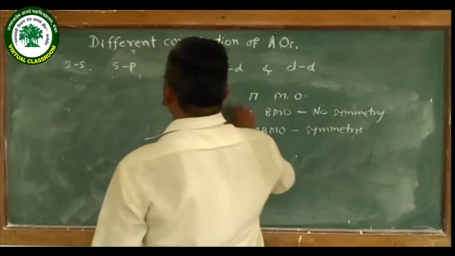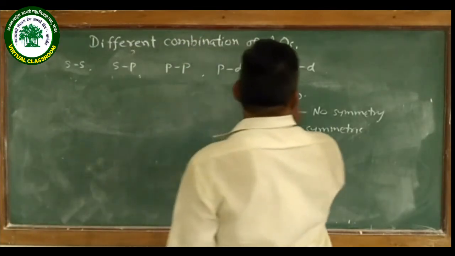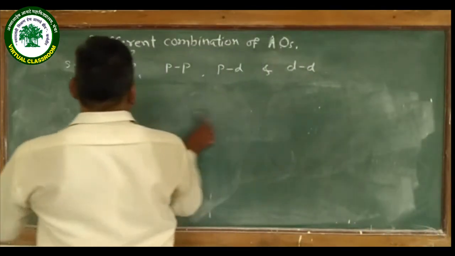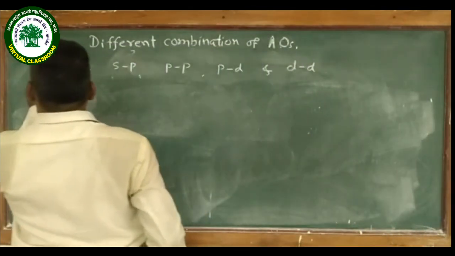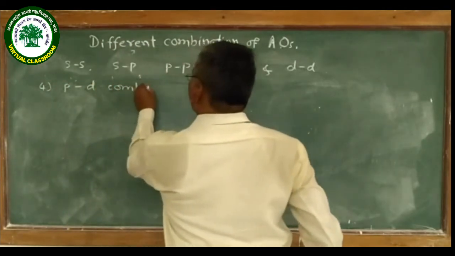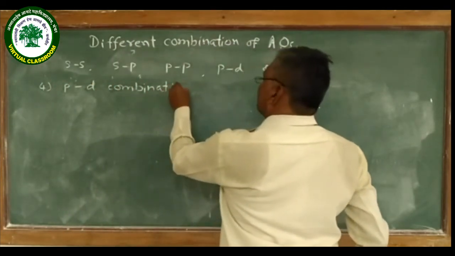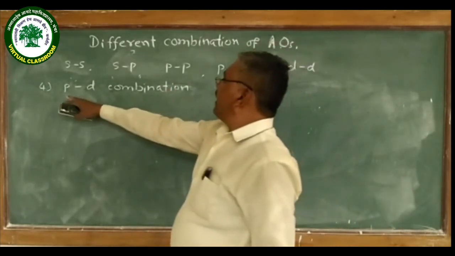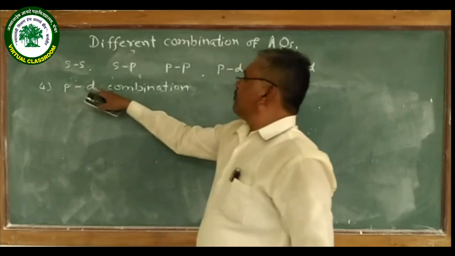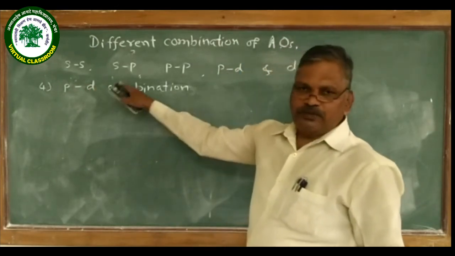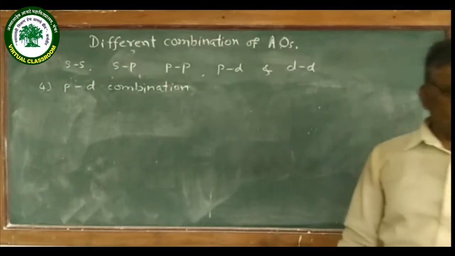Next combination is PD combination, and that combination means p orbital of one atom combines with d orbital of another atom and gives rise to the formation of molecular orbital.